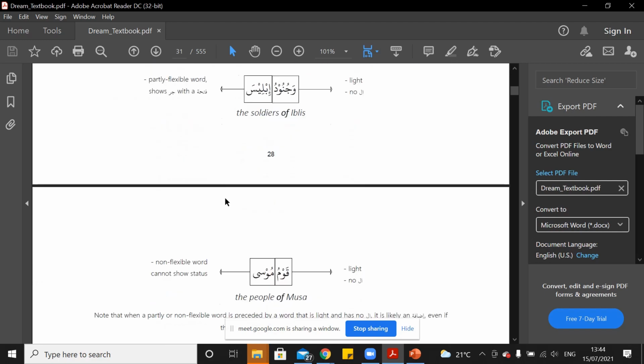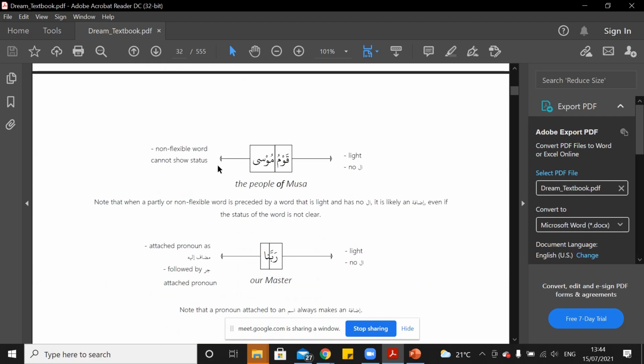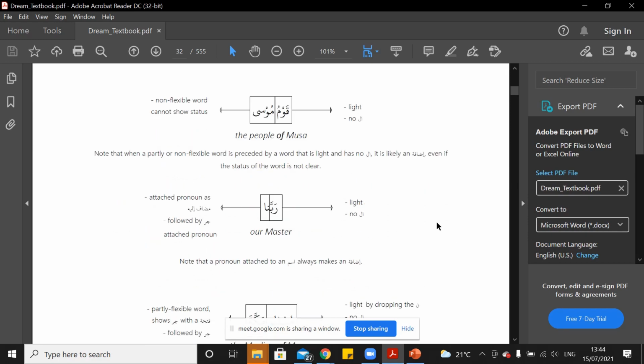Very good. Sister Sarah, you have to explain Qawmu Musa the similar way. The word qawmu doesn't have an al, and it's not having the tanween also, and it's light. That's why this can be mudaf. And Musa, we studied in the names of the prophets, Musa and Zakaria were non-flexible.